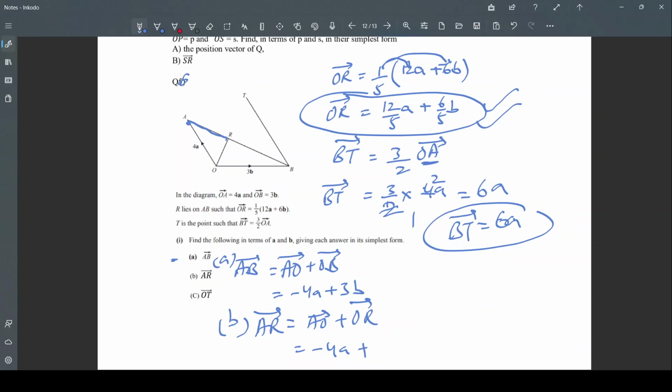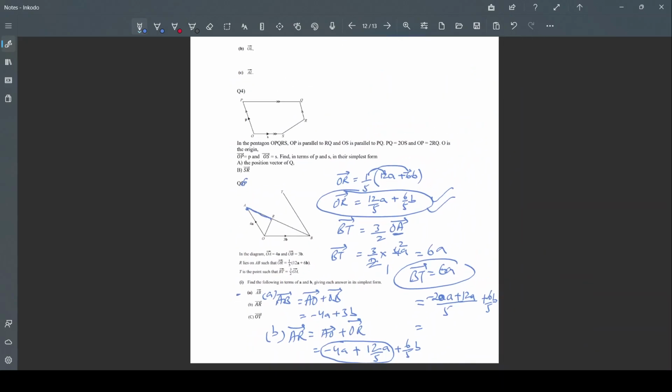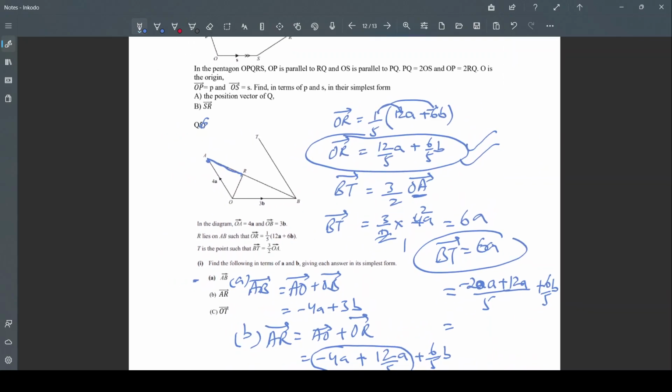Since we are going in the same direction, OR is plus 12 by 5 A plus 6 by 5 B. These two have A in common, so with 5 as the denominator we write minus 20A plus 12A plus 6 by 5 B. So it should be minus 8A by 5 plus 6 by 5 B. This will be the final answer. AR vector will be equal to this.